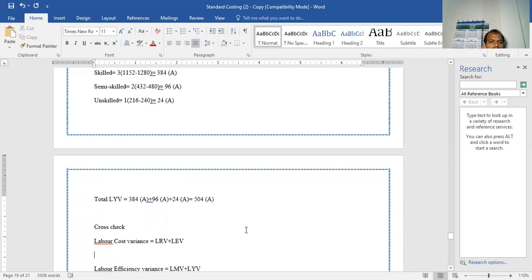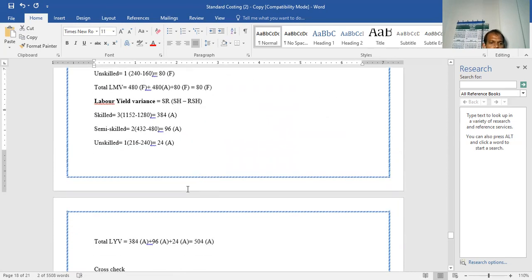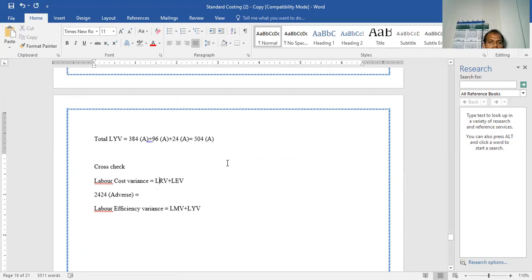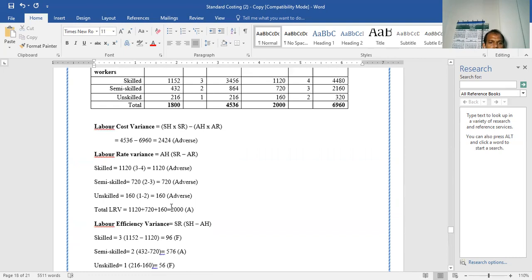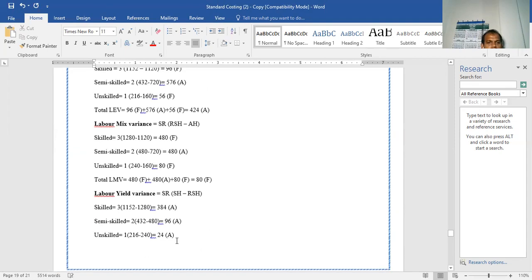So how much is the labor cost variance? 224 adverse. 224 adverse is equal to labor rate variance 2000 adverse plus labor efficiency variance, which must be 424 adverse.